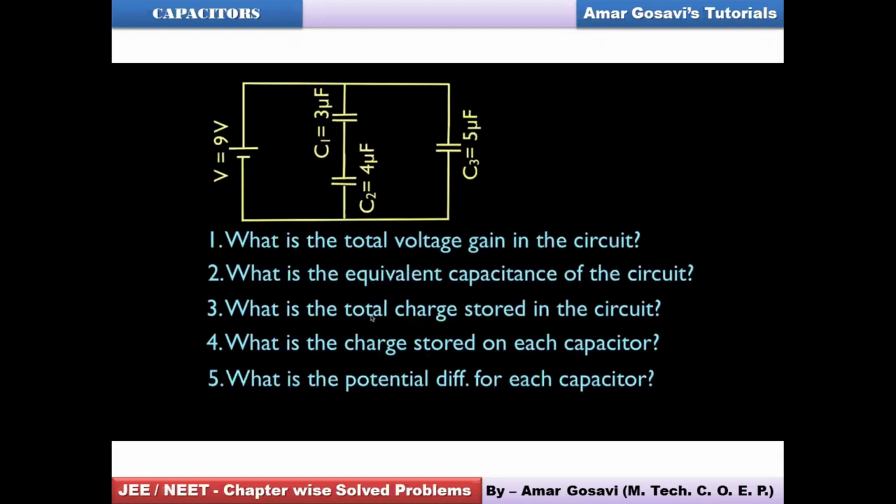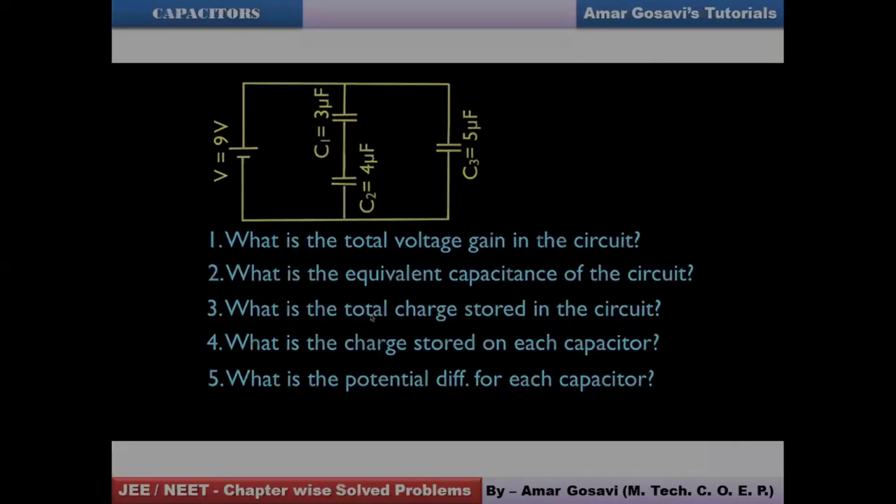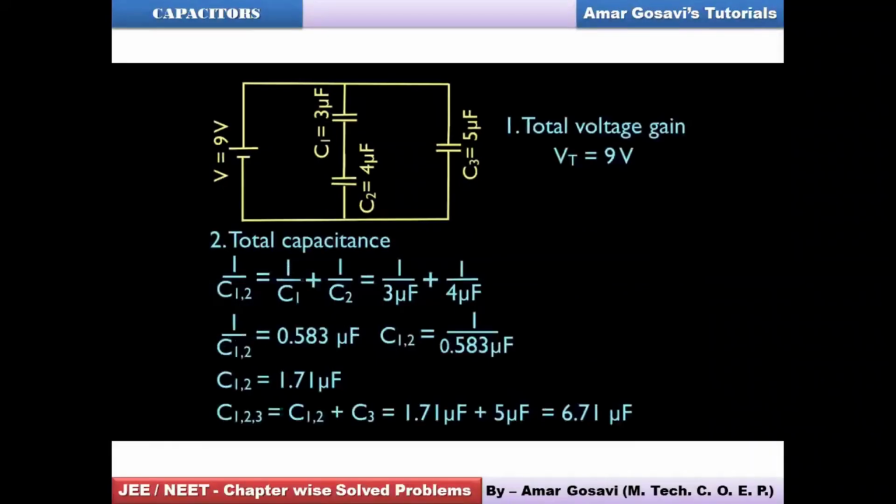Let's try to analyze this problem. Okay, hopefully you have noted this down. So let's proceed. When it comes to total voltage gain, the value would be the same, 9 volt. Total capacitance: first for 1 and 2, you would apply the series formula.